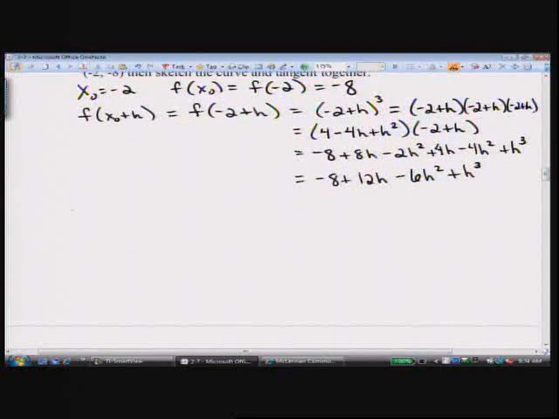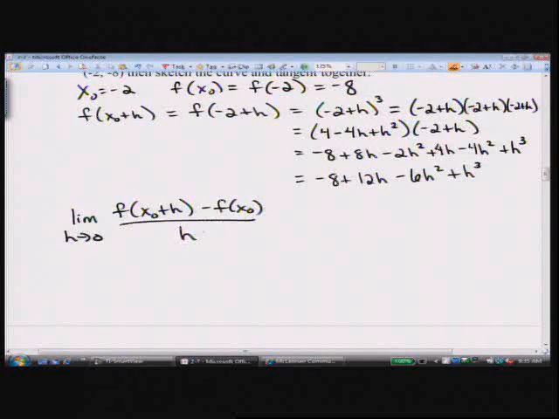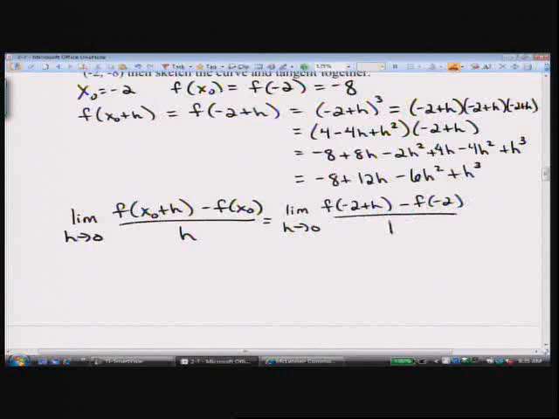Okay, so we'll look at the limit as h goes to 0 of f of x naught plus h minus f of x naught all over h. That's asking for the limit as h goes to 0 of f of -2 plus h minus f of -2 all over h. All right?